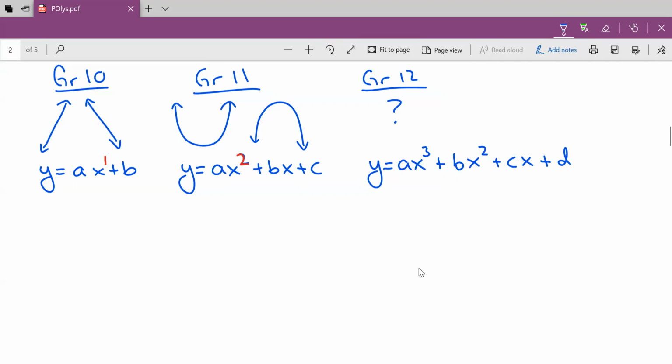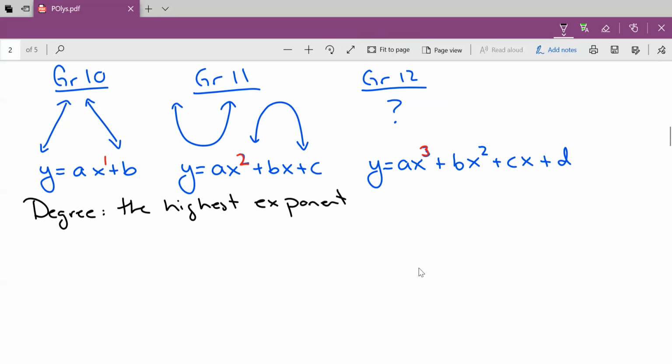Our highest exponent will go beyond 3, but I'll talk a little bit more about that in a bit. So the highest exponent we see is known as the degree. The highest exponent. So grade 10, degree 1. Grade 11, degree 2. Grade 12 will be degree 3, degree 4, and degree 5. We won't go any further than degree 5.